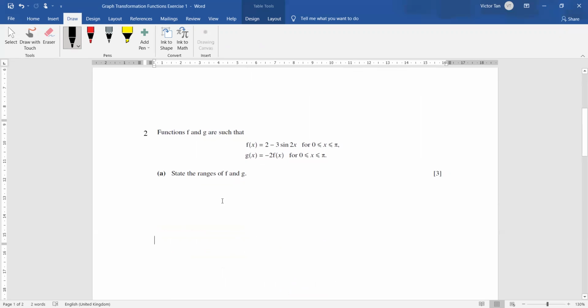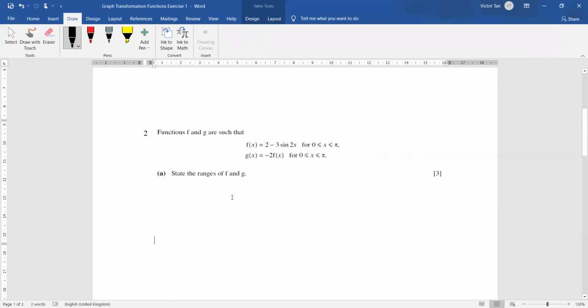Second question. Functions f and g are such that f(x) equals 2 minus 3 sine 2x, and g(x) equals minus 2f(x). State the ranges of f and g. So here we have trigonometrical functions.